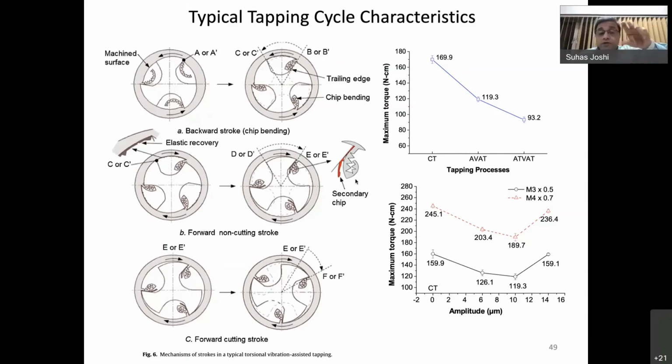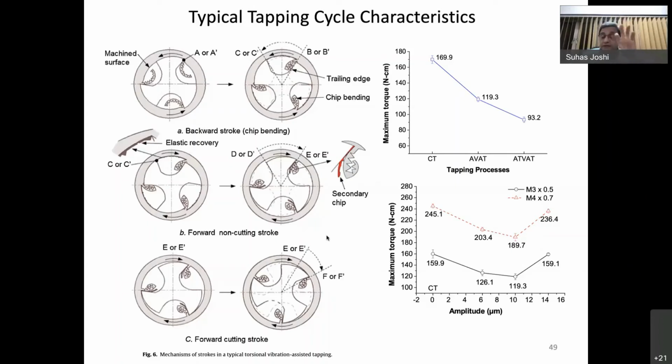So you are making two chips. One is the main, and the other one is sprung back material. Because of that one additional action and additional cutting, the taps won't get jammed inside the holes.